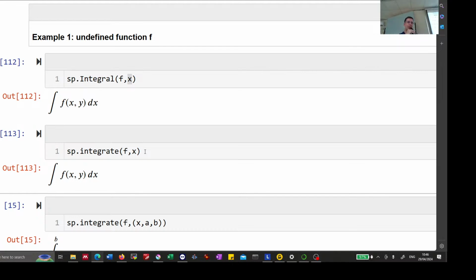Okay. So Python doesn't know what is f of x, right? So it's like, I do what I can, but I stop here because you need to tell me more if you really want me to do the integration.